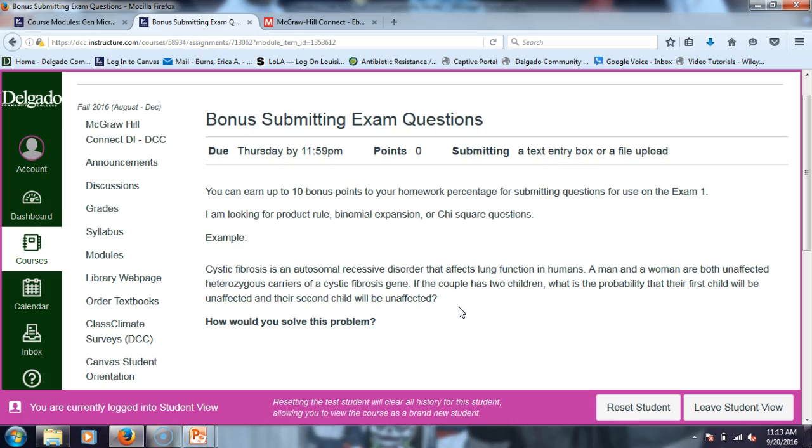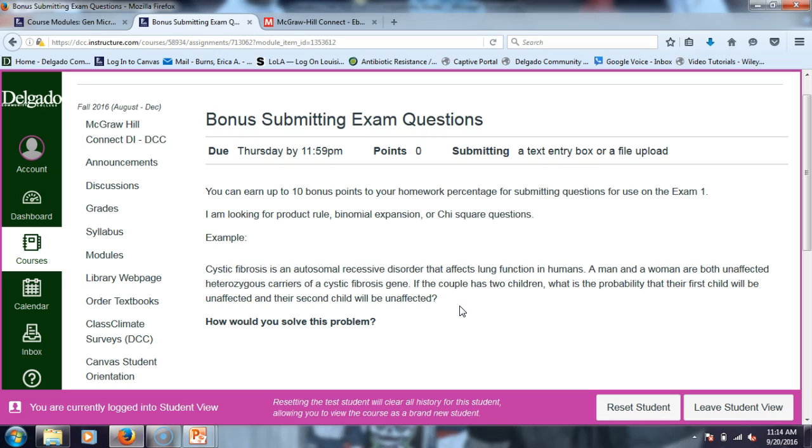Chi-squared, product rule, or binomial expansion? Product rule. Does everybody agree product rule? Okay, cool. When you have a set of possibilities, so if we said, what's the chance that 3 out of their 7 children will be unaffected?